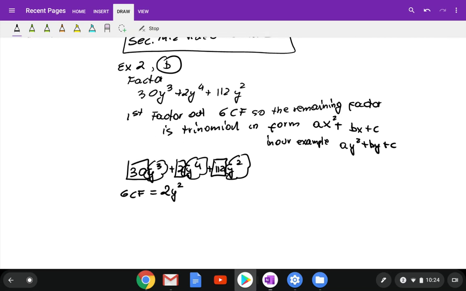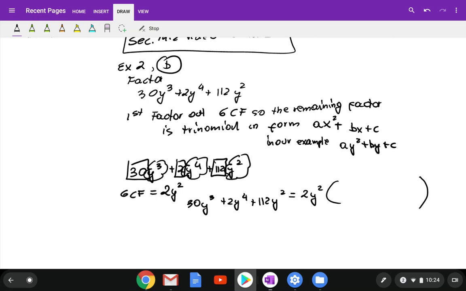So we have to factor out the GCF. 30y to the third power plus 2y to the fourth power plus 112y squared is the same as, putting the GCF in front of the parenthesis, 2y squared times something. Now let's take care of what will be inside the parentheses.